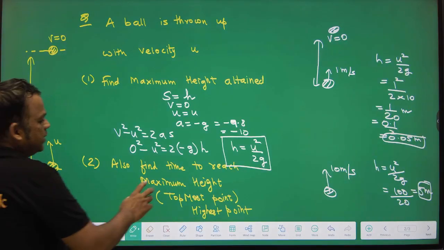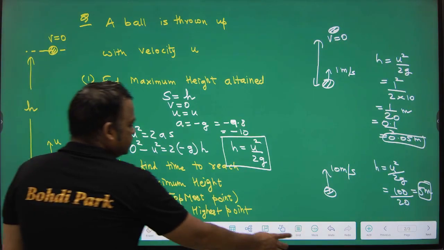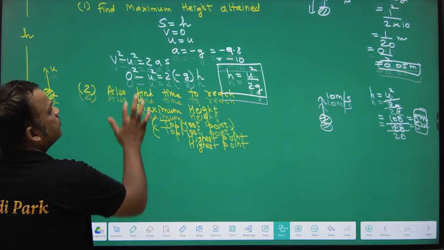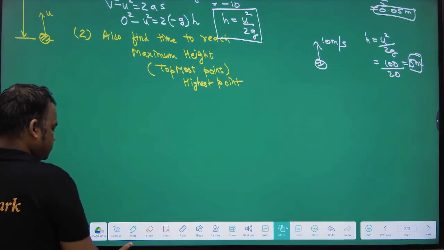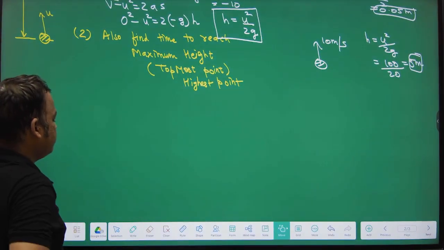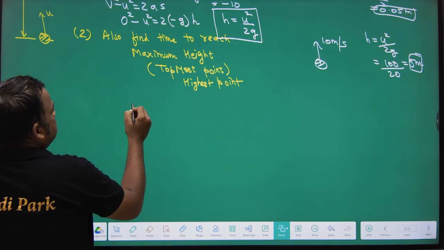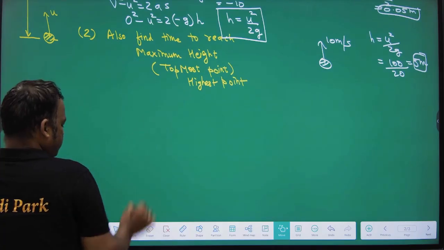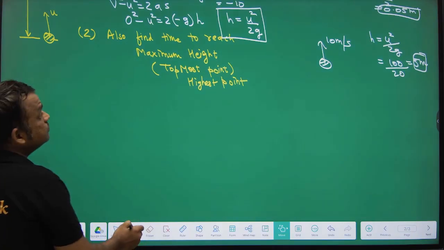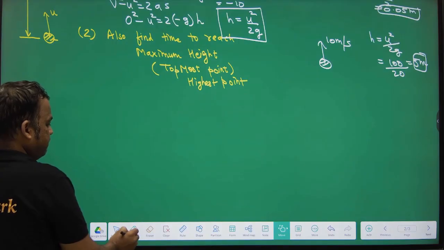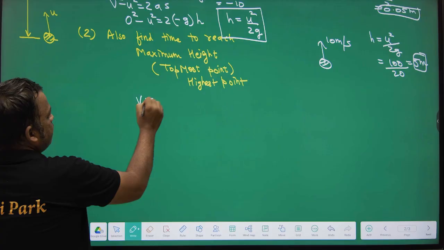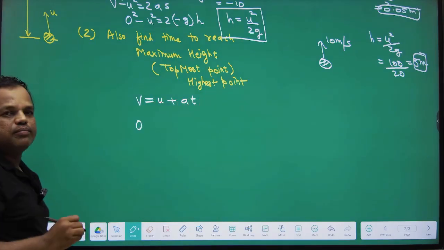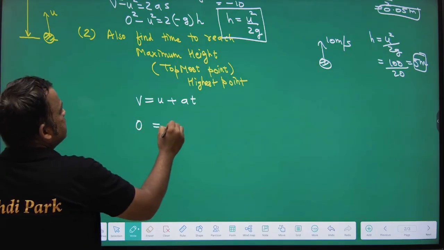Now let's calculate how much time it will take to reach the topmost point. So we will use v is equal to u plus at. Final velocity is 0 at the topmost point. Initial velocity is u.